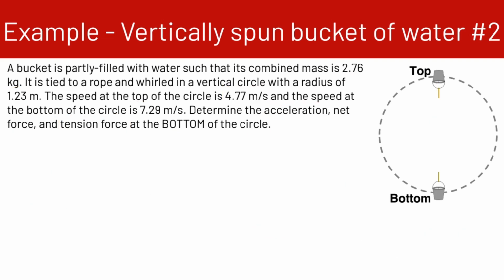Okay, so let's do the same thing now, but for the bottom of the circle. So now our centripetal force is pointing into the circle. Let's go ahead and draw a free body diagram first. So we have Fg, and we have our tension force.